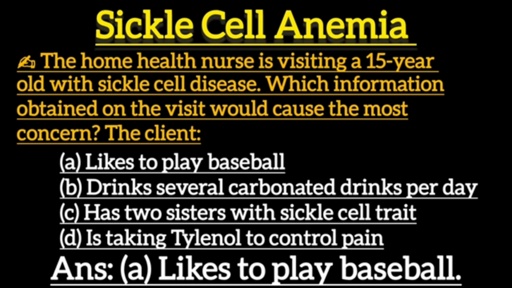Which information obtained on the visit would cause the most concern? The client, option A likes to play baseball, option B drinks several carbonated drinks per day, option C has two sisters with sickle cell trait, option D is taking Tylenol to control pain. Correct answer is option A likes to play baseball.